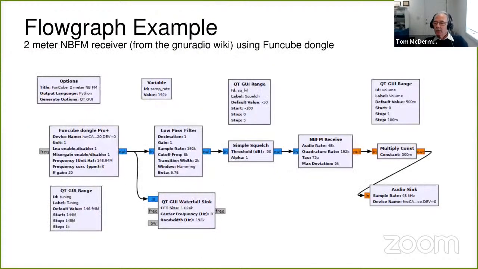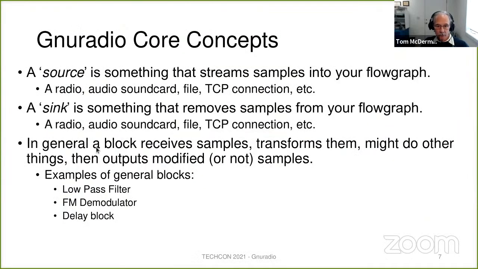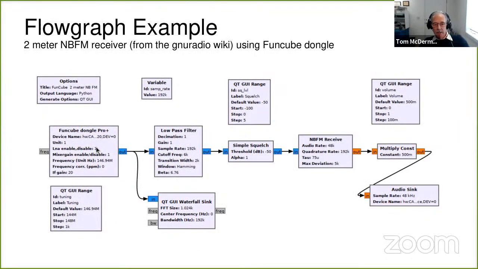So this is an example of a flow graph. This is a 2-meter narrowband FM receiver, and it comes from the GNU Radio Wiki using a FunCube dongle. A FunCube dongle is a simple receiver. This block on the left here is the radio itself. So you plug in the radio, and then you define a low pass filter.